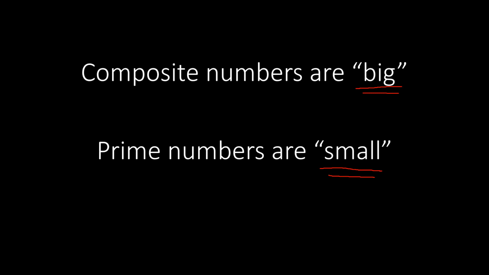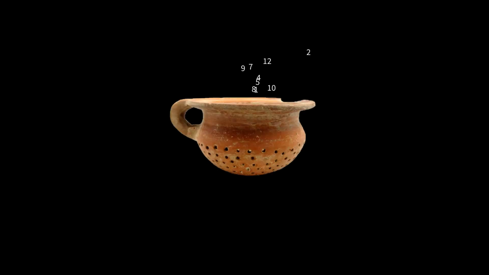So that's the idea for the sieve. Suppose you throw all the numbers from 1 through 12 in the sieve, and you want to filter out the prime numbers. Only the prime numbers go through the holes of the sieve.